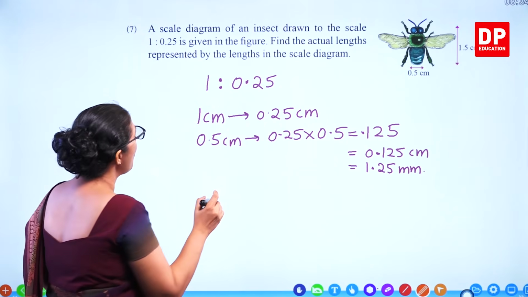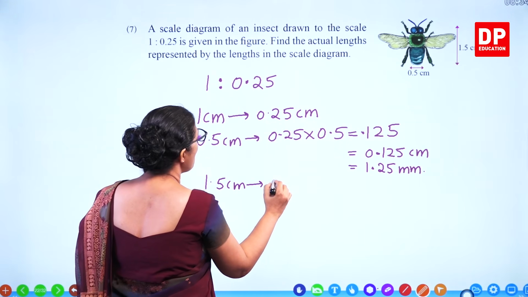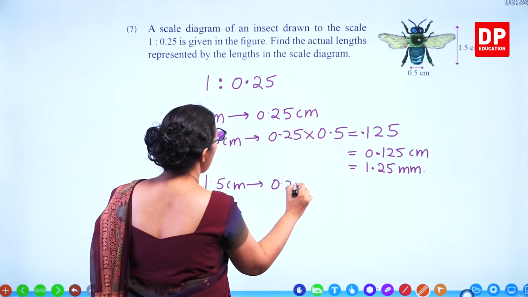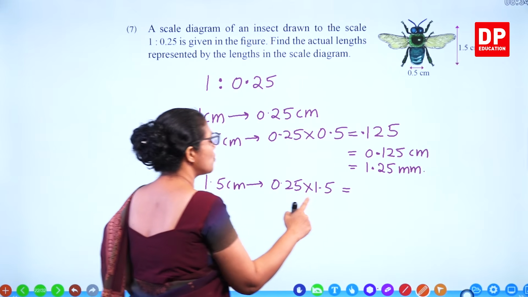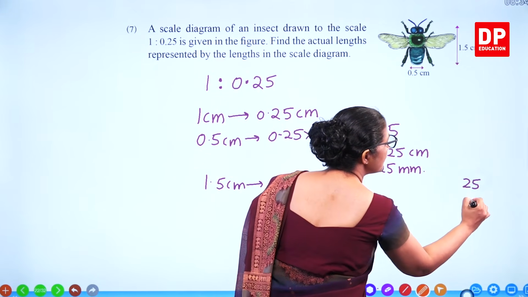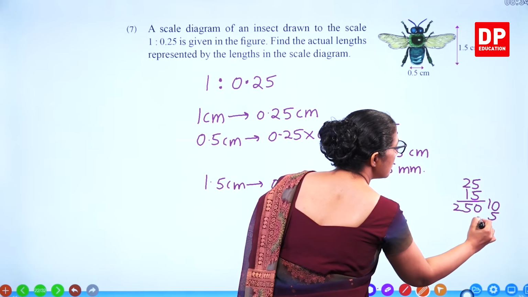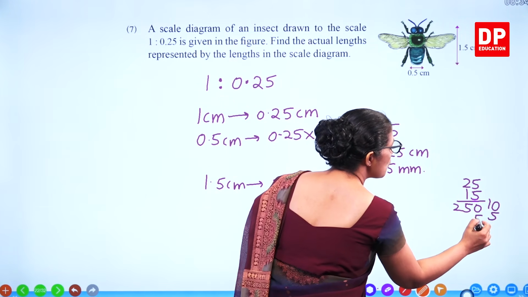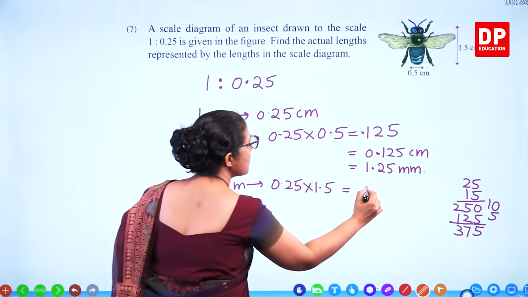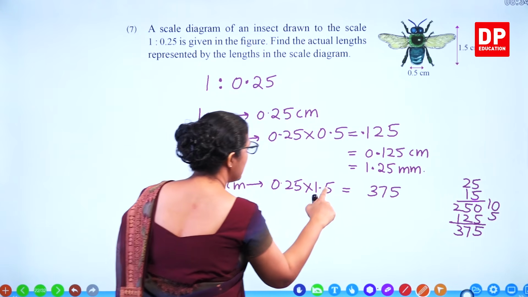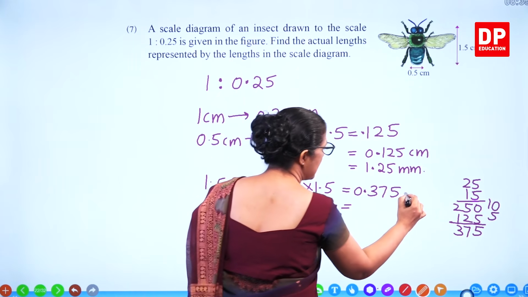Then the other one, 1.5 centimeter means 0.25 multiplied by 1.5. So 25 times 15. 5 times 5, 25. 5 times 2, 10 plus 2, 12. 375 means how many decimal places? 3. 0.375 centimeters.